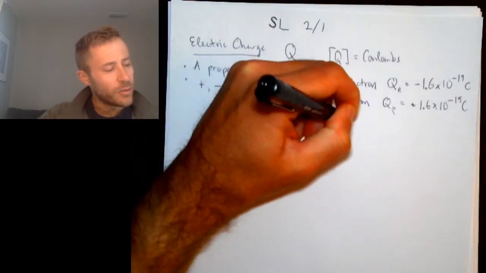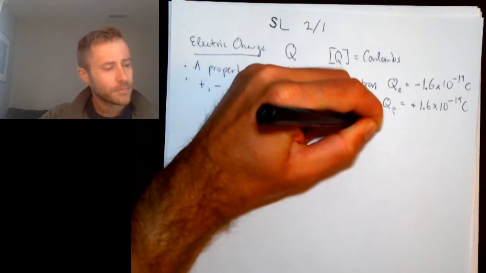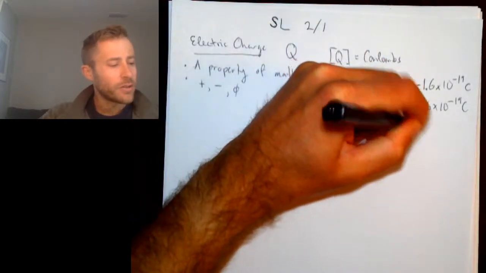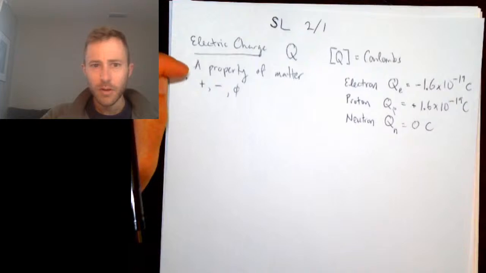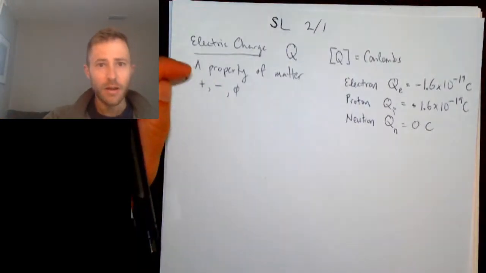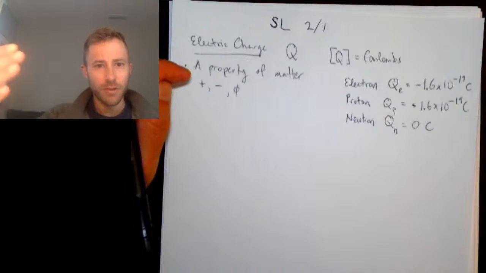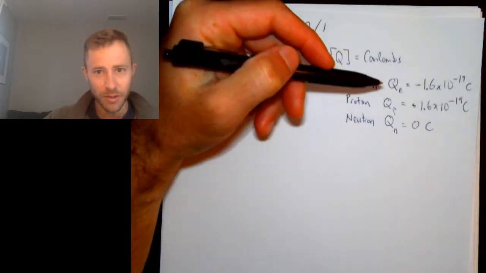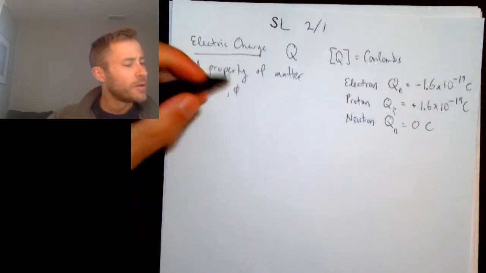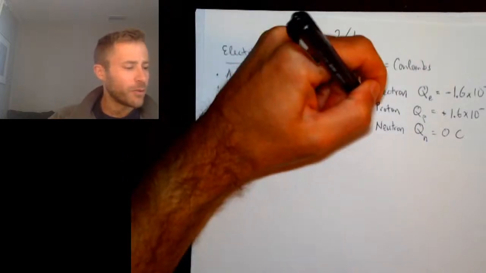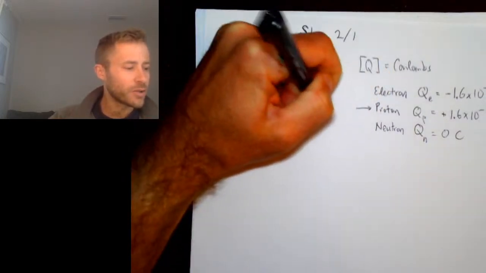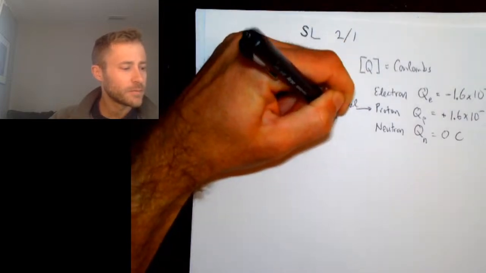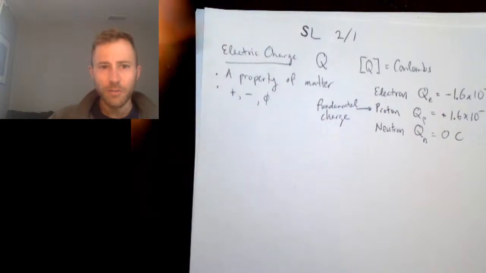And then there is the neutron, which has a charge of 0 coulombs. Okay, so you can have 0 charge, but the smallest positive amount of charge you can have is 1.6 times 10 to the minus 19. And in fact, this amount right here is called the fundamental charge.